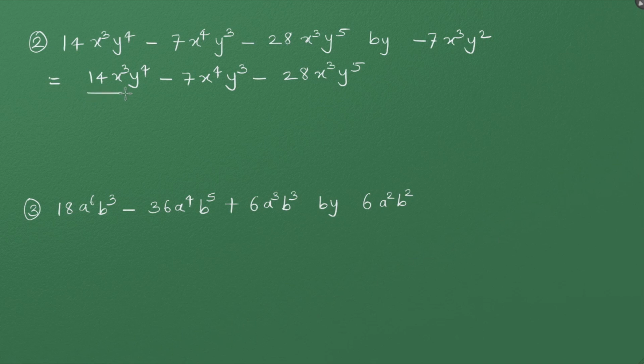Now divide the first term with minus 7x cube y square. Then divide the second term with minus 7x cube y square. Divide the third term with minus 7x cube y square.